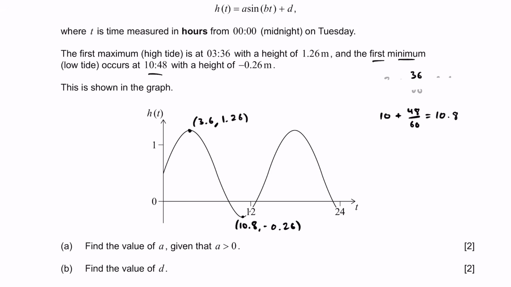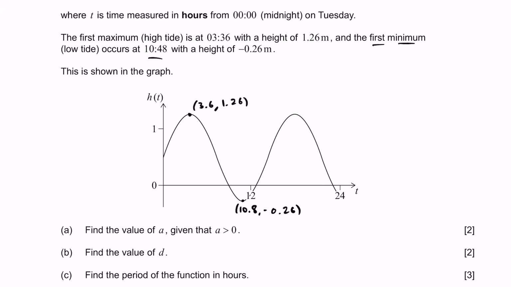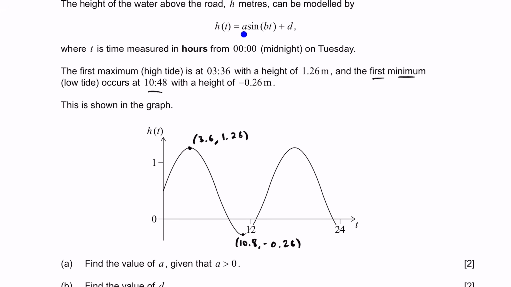Okay, let's go on and try to find the value of A right here. So A refers to the amplitude. Essentially, I'm going to draw a line here. So if we draw this midline right here, this value of A refers to the height of the wave.